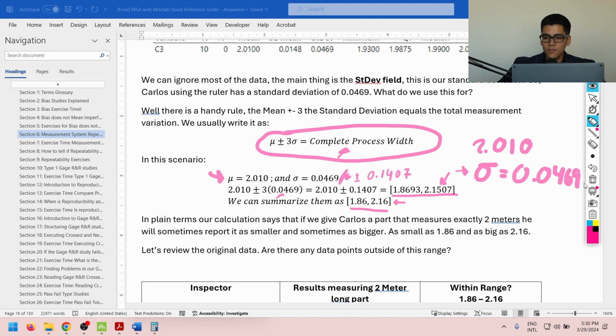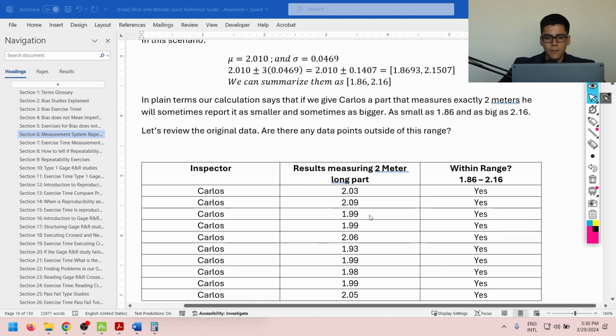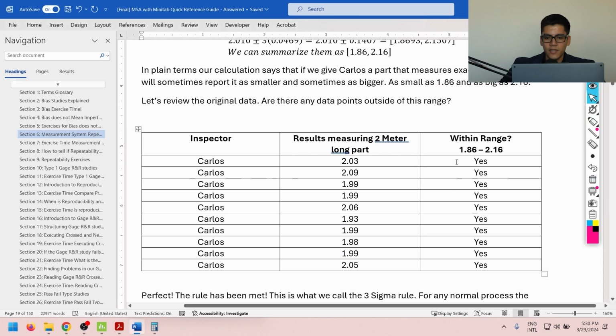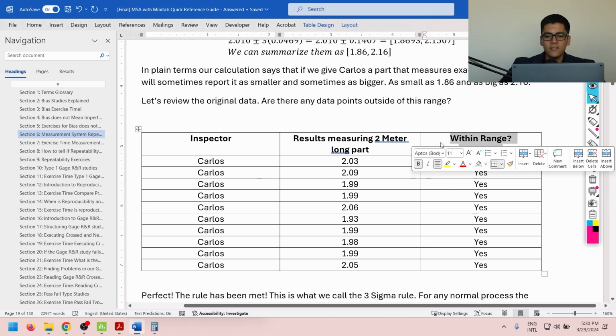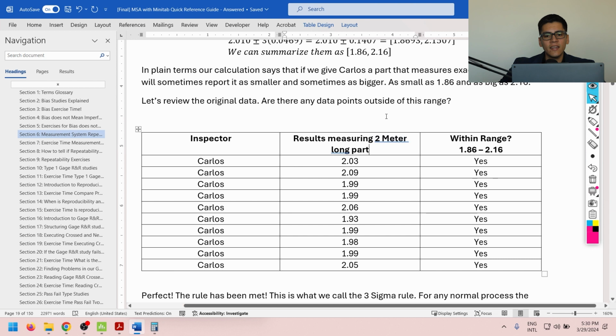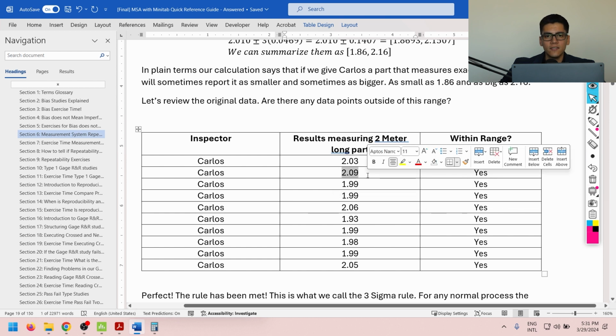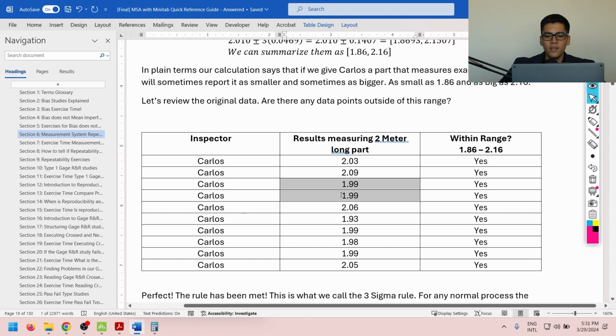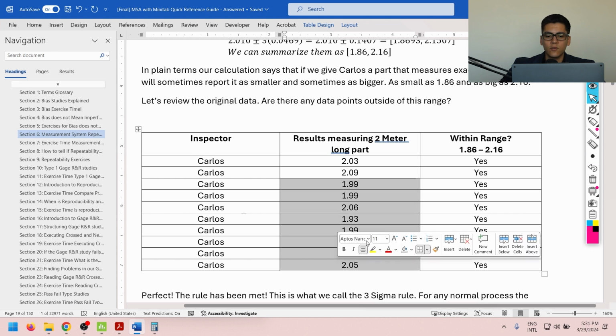So let's do the same calculation again and let's review my data. Is the data within the range that I have mathematically calculated, between 1.86 and 2.16? 2.03, yes, it is within the range. 2.09, yes, it is within the range. 1.99, yes. 2.06, and so on and so forth.